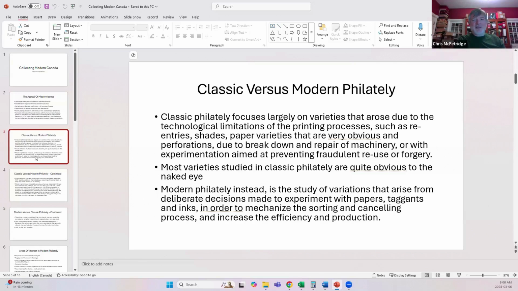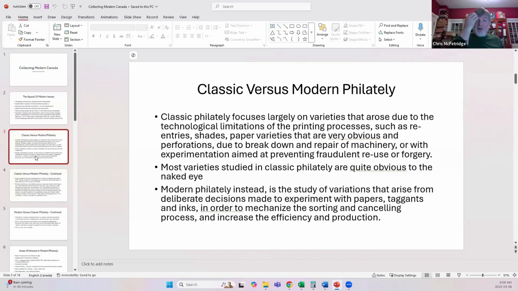Classic philately tends to focus on varieties that arose due to technological limitations. So, most shades in the classic period are not deliberate. They're the result of chemical differences in the inks, just caused by inexactitude in measuring out the components that went into the recipes.